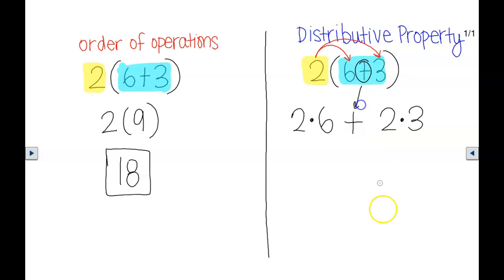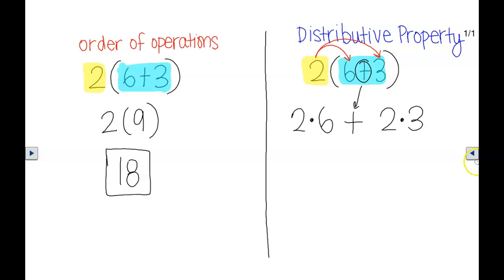So this addition sign just moves down. So this is what distributive property says I can do. It says instead of doing 2 times the entire group, I can do 2 times each member of that group. So the 2 distributes. He gets multiplied by each member of the group.